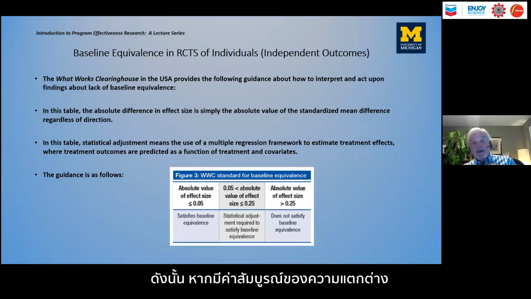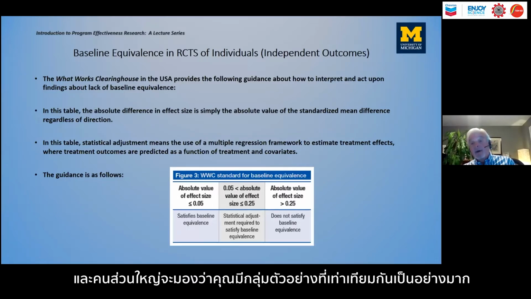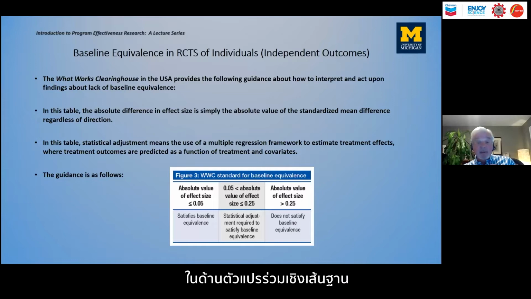So if the absolute value of the difference between treatment and control on any covariate is always less than 0.05, the What Works Clearinghouse and most people would consider you to have samples which are substantially equivalent on baseline covariates.